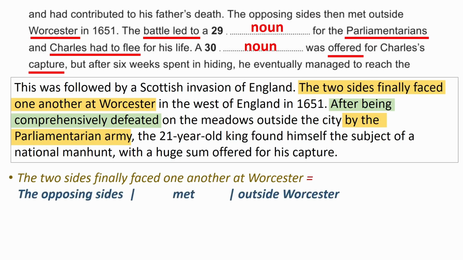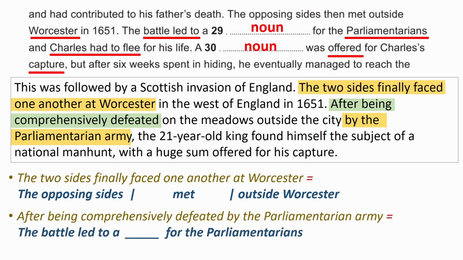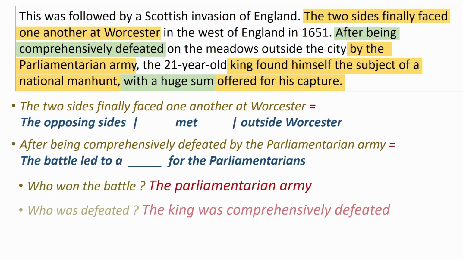We have the opposing sides met outside Worcester. After being comprehensively defeated by the parliamentarian army, we have the battle led to a something for the parliamentarians. So we need to answer two questions. Who won the battle? The parliamentarian army. And who was defeated? The king was comprehensively defeated.